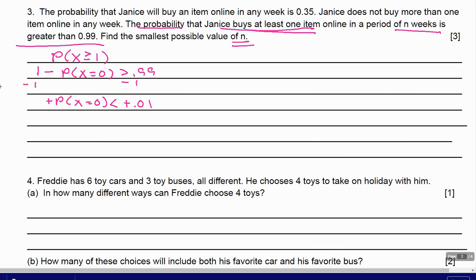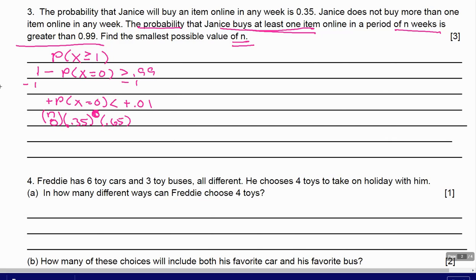All right, now, how do I figure out the probability? How many trials are there? And how many of them am I talking about? 0, right? Now, what's my probability of success? 0.35. And that's to the 0 power. And then 0.65. And that's going to be to what power?